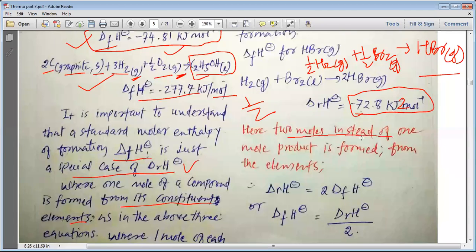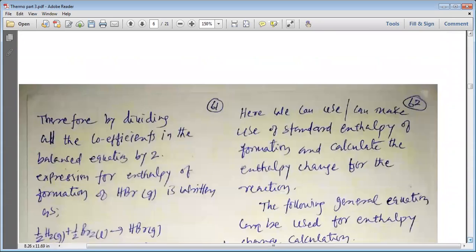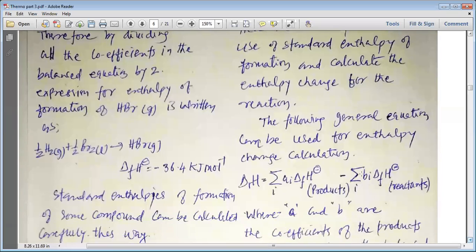Here 2 moles instead of 1 mole of product is formed from the elements, and that is why the reaction enthalpy is 2 times the enthalpy of formation of HBr. That is why we need to divide by 2, and that is how the enthalpy of formation of HBr can be calculated.